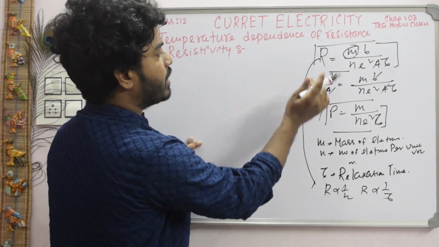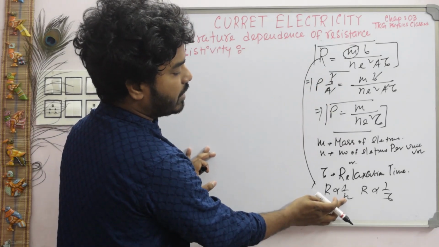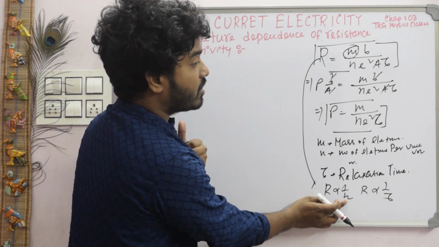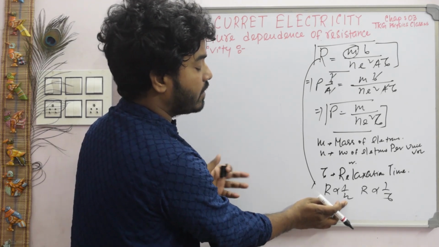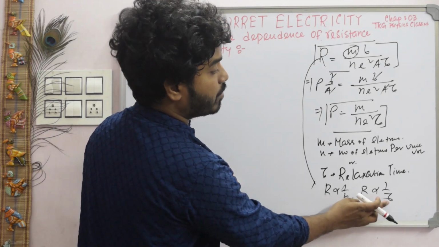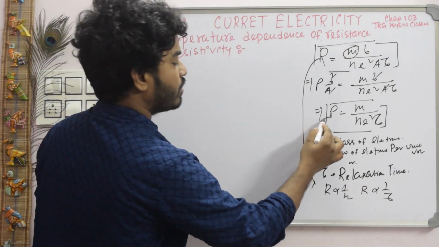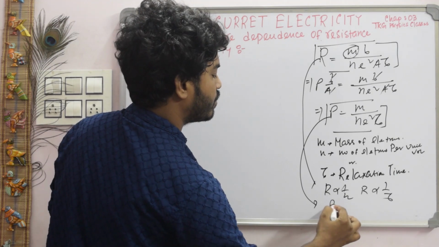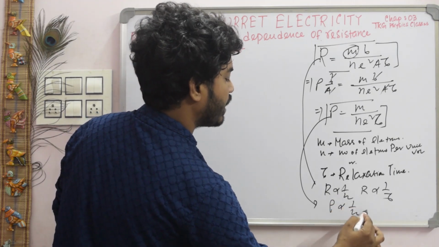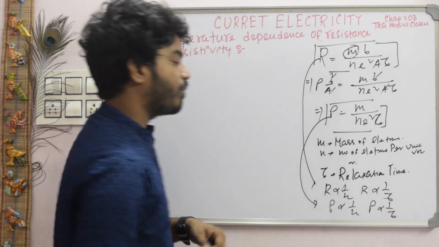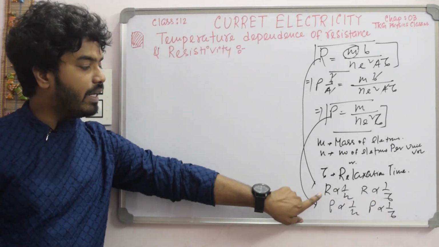So R inversely depends upon n, that is electron density or charge carrier density, and R is inversely proportional to mean relaxation time. Similarly, rho is inversely proportional to n as well as rho is inversely proportional to tau. So this is our dependence.